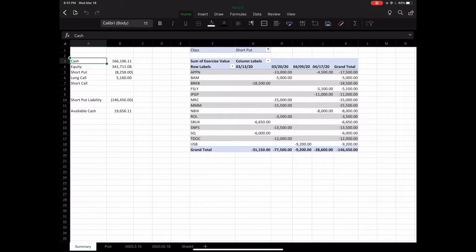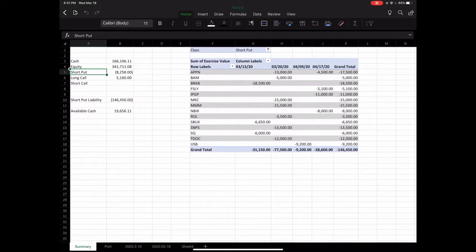So on the summary page here, in columns A and B, we have some summary statistics on the portfolio. This is just the value of cash, value of equity, the market value of the short puts and long calls I have in the portfolio.